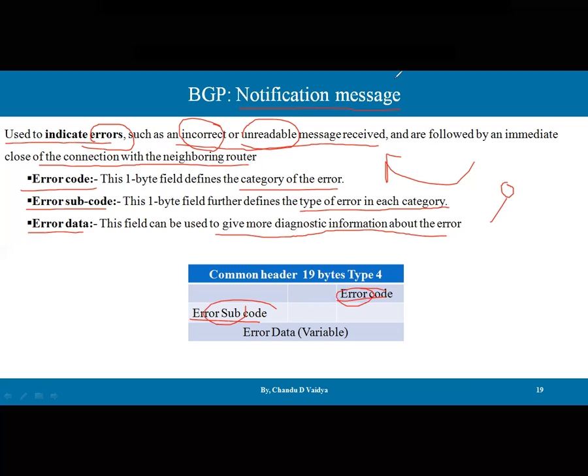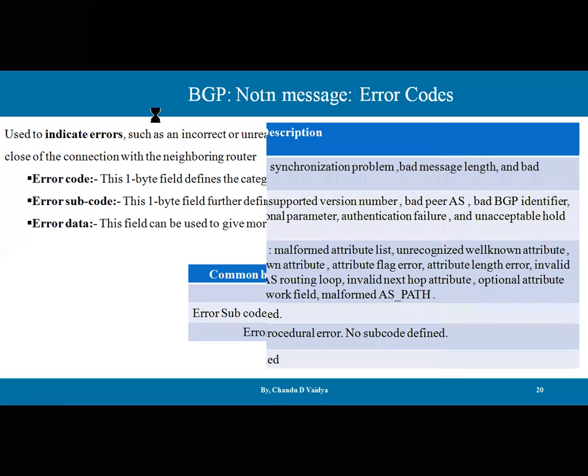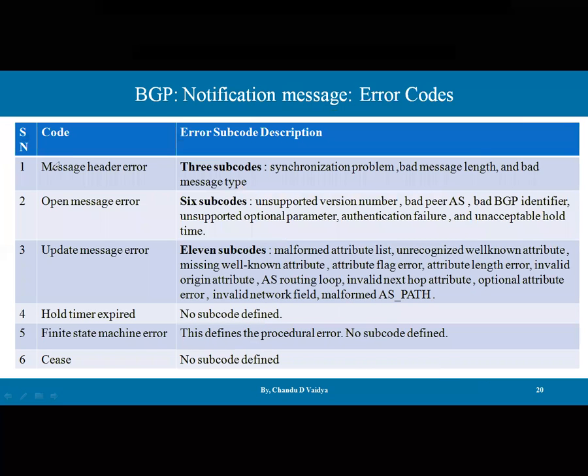This is very important. Here there is a chart, and in this chart there are 5 to 6 codes available. Let's take the very first, message header error. In this code we have subcodes also: there are 3 subcodes, a synchronization problem, bad message length, and bad message type.